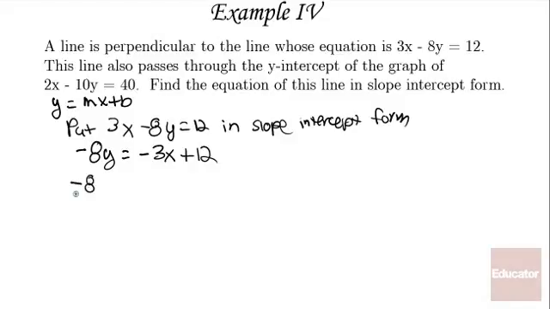That's going to give me negative 8y over negative 8 equals negative 3x divided by negative 8 plus 12 divided by negative 8.